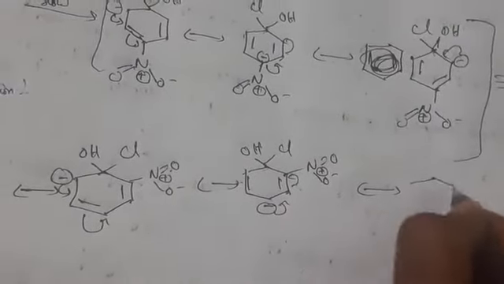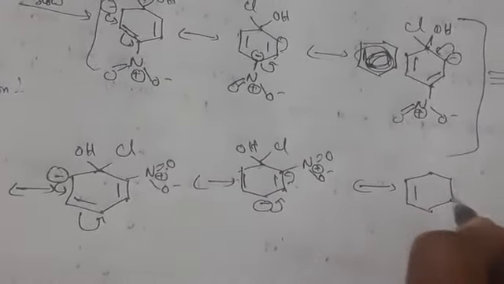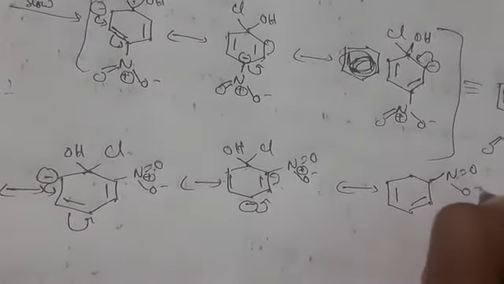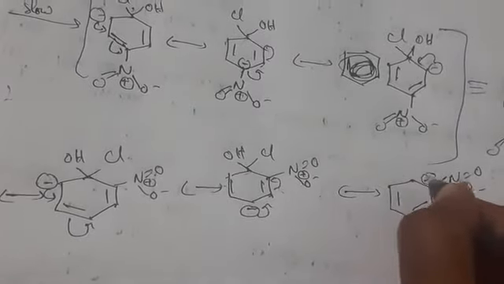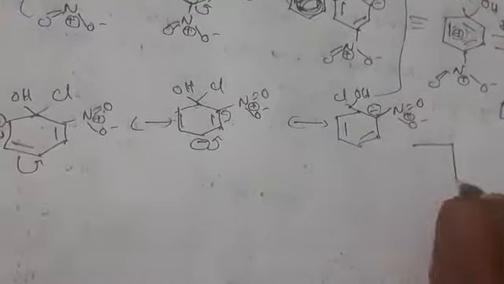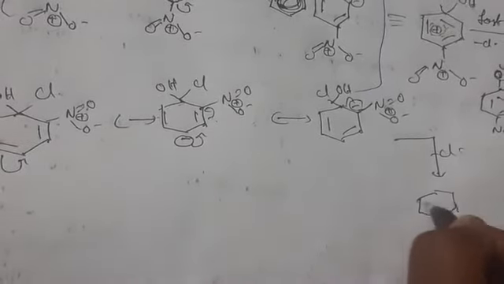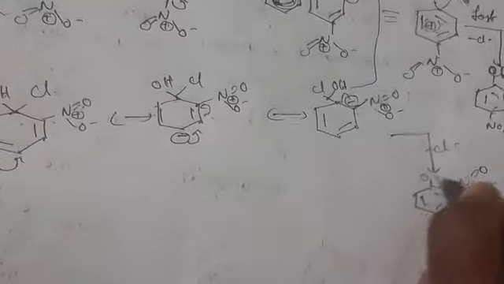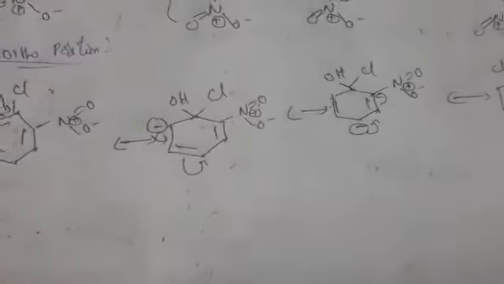So you are going to get here like this, N double bond O minus plus, here minus charge, chlorine, OH. So again what happens here, this bond will get inside, Cl minus will be lost. So you are going to get here N double bond O minus, OH. So this is about the ortho position. If you have seen, there is no interaction of NO2 here at para and ortho position.